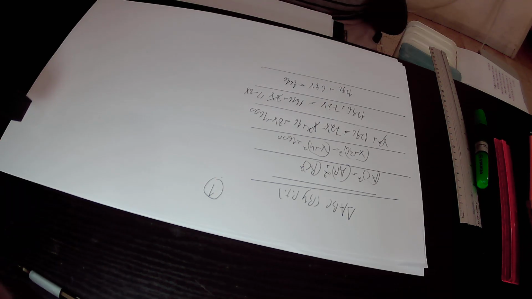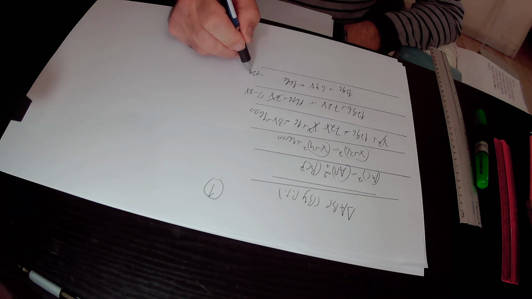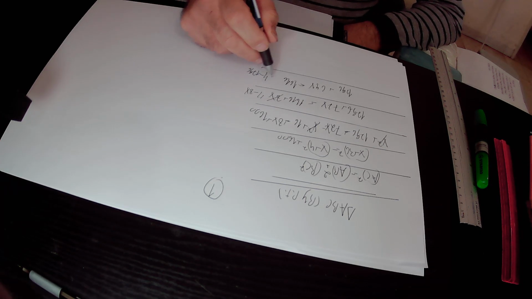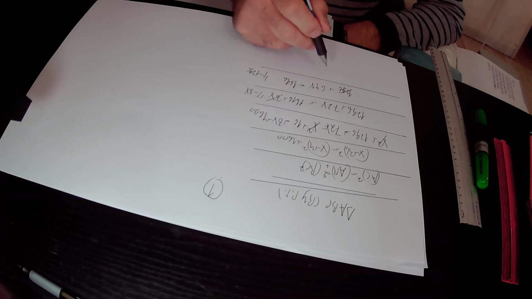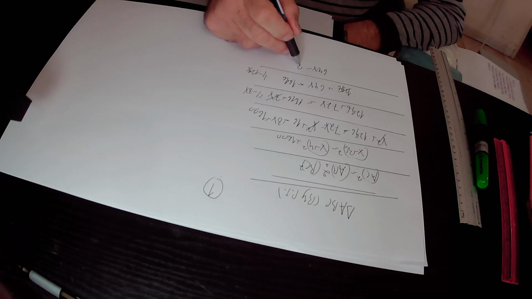So in total, we know that 1296 plus 64x equals 1616. Here we subtract 1296 from this equation. So here 1296 gets cancelled and we have only 64x equals 1616 minus 1296, which equals 320.